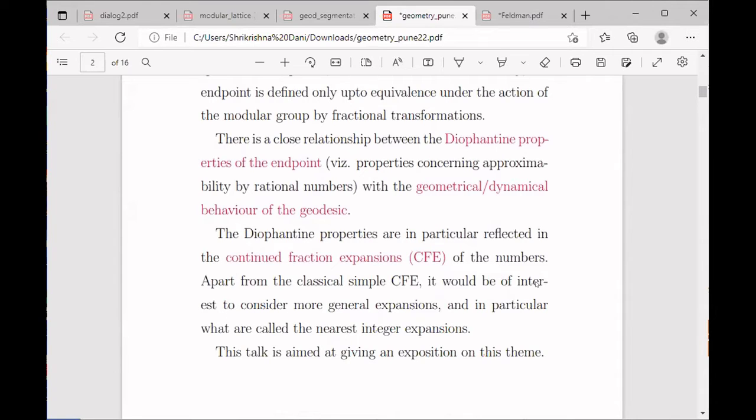More specifically, the Diophantine properties that we will be concerned with are reflected in the continued fraction expansions. I'm sure all of you have some basic idea of what continued fraction expansions are, but I'm going to need a certain generalization, which I'll introduce when I come to that. So basically, the talk is going to say a few things about the interconnections between these two streams of ideas.